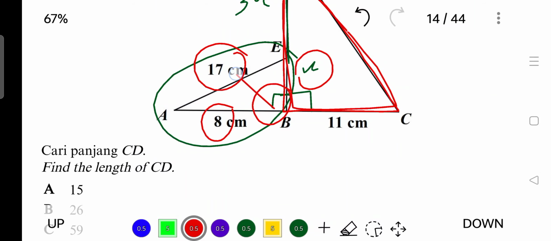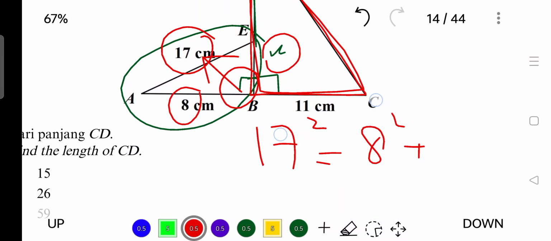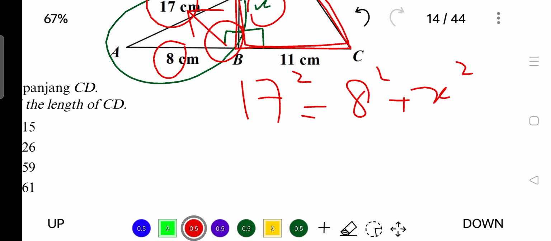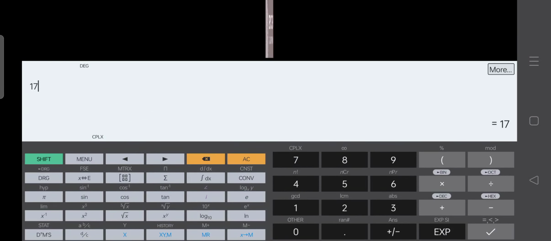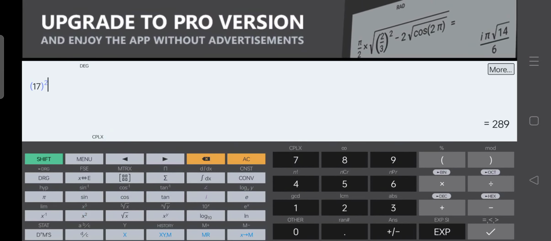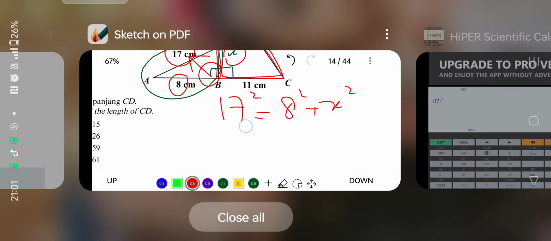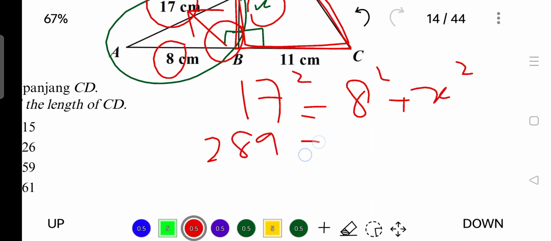So we see this box. What do we see opposite of it? It is 17. 17 square is equivalent to 8 square plus x square. 17 square is 289, and 64 plus x square.